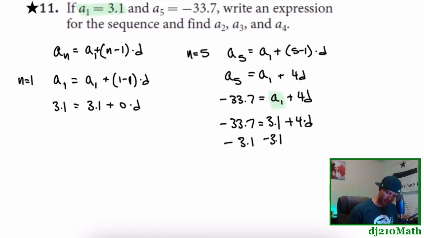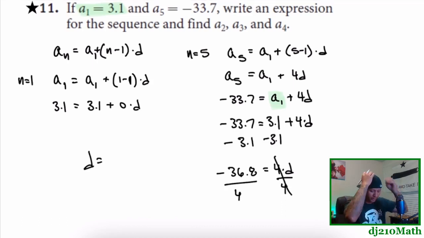So negative 36.8 is equal to 4d. Divide both sides by 4. Without a calculator, 36 divided by 4 is 9, negative, and then 0.8 divided by 4 would be 0.2. So negative 9.2.